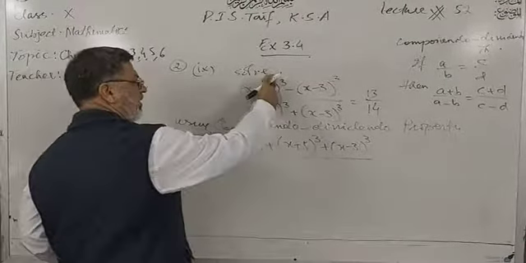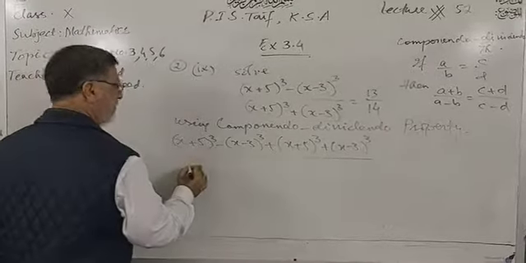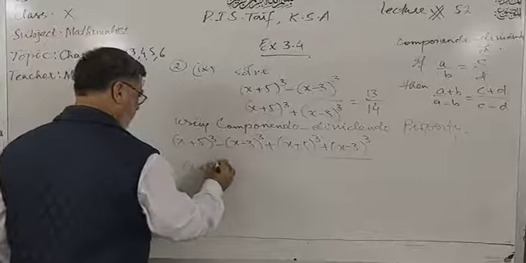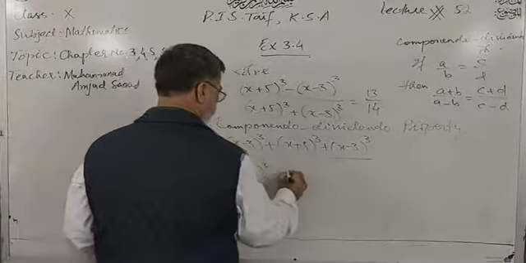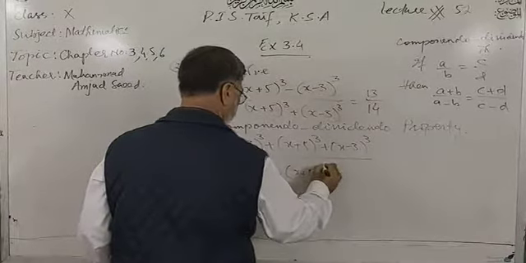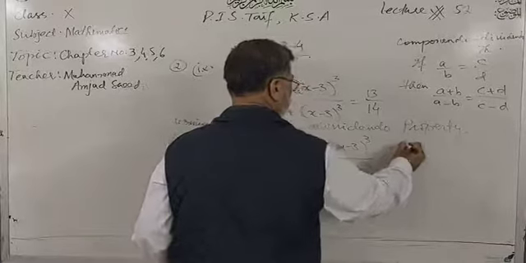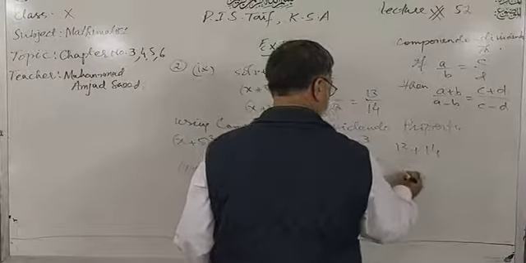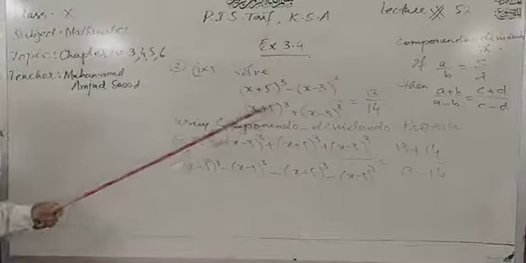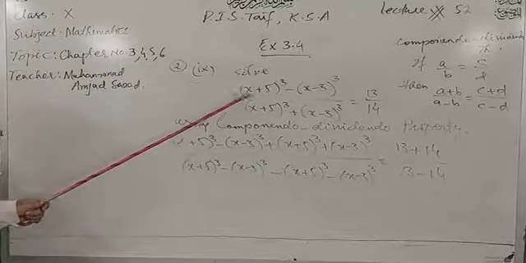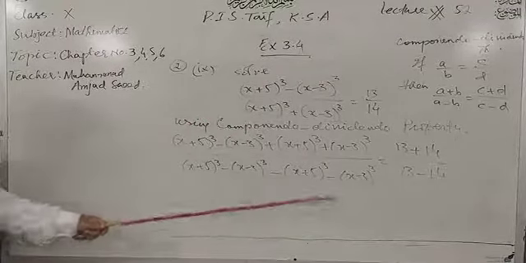Similarly, from the numerator, subtract the denominator: (x plus 5) whole cube minus (x minus 3) whole cube minus (x plus 5) whole cube and minus (x minus 3) whole cube. This is 13 plus 14 and 13 minus 14. Remember that I have written this directly and there is a change of sign here. This is minus and here will be minus after subtracting.